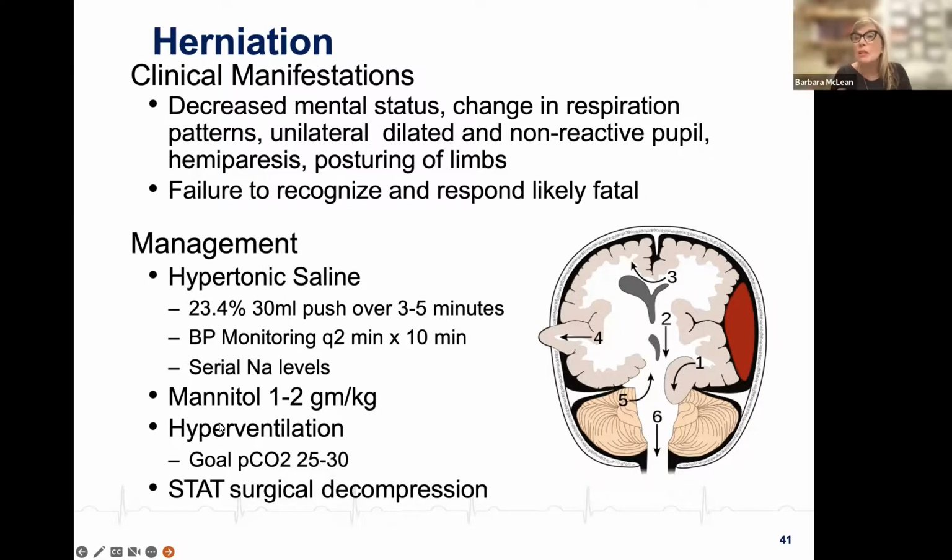Hyperventilate, and in this instance, we might consider hyperventilation, probably not to 25, maybe to 28, and that's only in an emergency. Otherwise, it's to 32. And very rapidly, we're going to consider taking off a bone. So here's your injury, here's your swelling. I'm going to take that bone off and allow space and room for you to herniate upwards, not compressing your cerebral blood vessels, not compressing the brainy function parts.